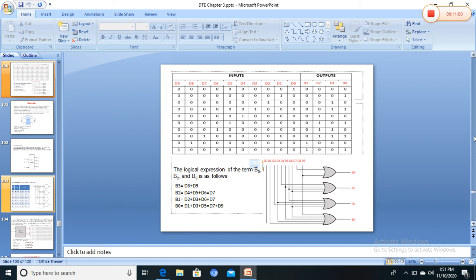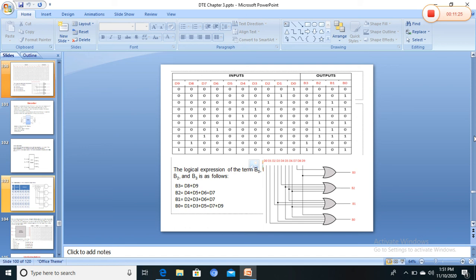For B1, the input D2 gives output 1, and D3 also, so the equation for B1 is D2 + D3 + D6 + D7.